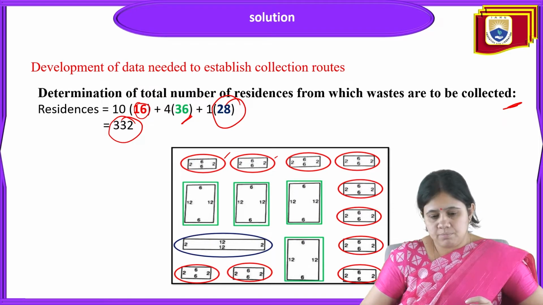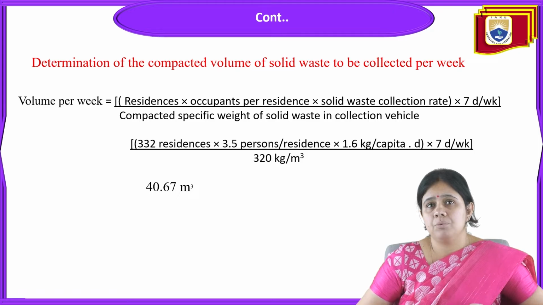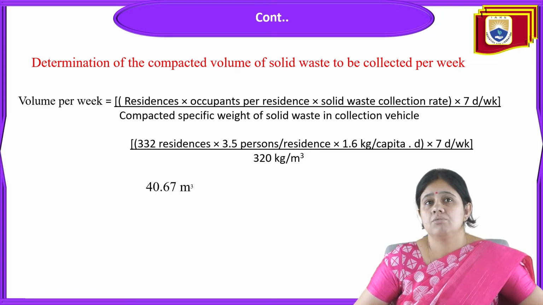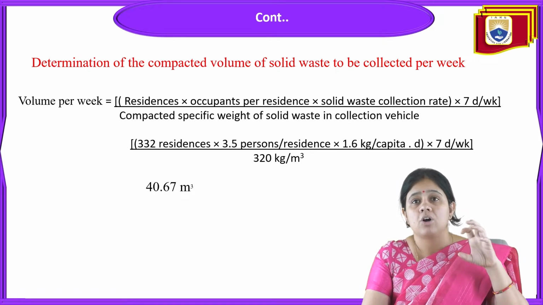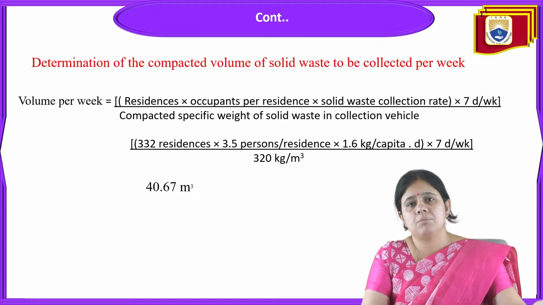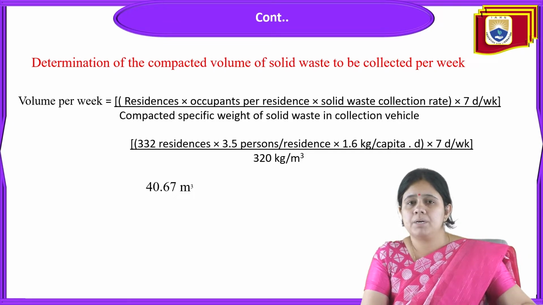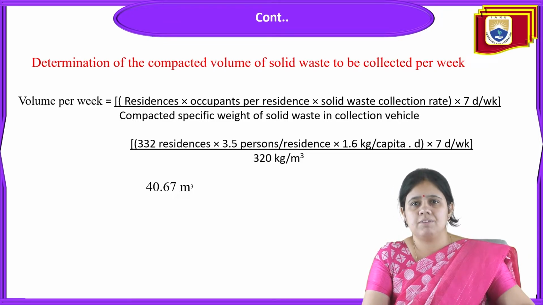Now comes the next point: we have to calculate the determination of compacted volume of solid waste to be collected per week. First we'll determine the compacted solid waste, meaning how much waste is generated by the residents living in that area, and what compacted volume of solid waste would be collected per week.